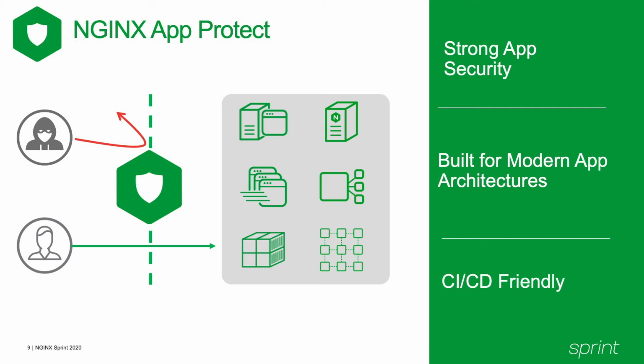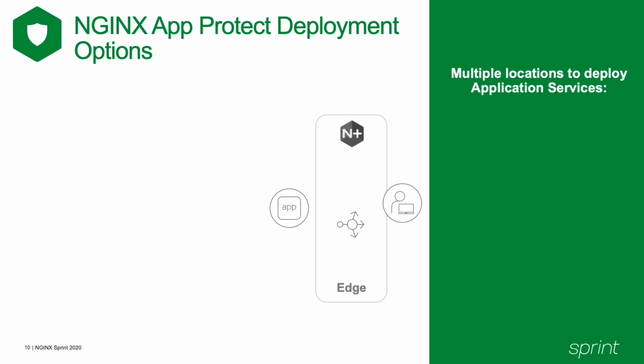This is a completely new solution designed from the ground up for how our customers are building and deploying their applications. App Protect is deployed as a lightweight module designed for NGINX Plus and the environments NGINX Plus supports. What this provides you is a tool that allows you to insert security policy as code with easy integration into your CI/CD pipeline. And App Protect can be deployed in a wide variety of different options.